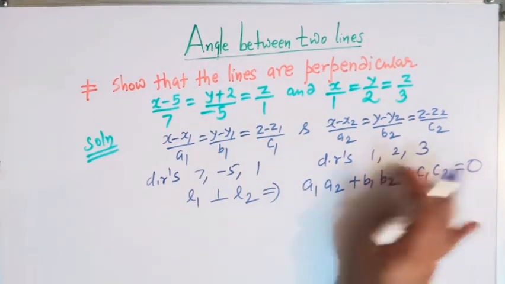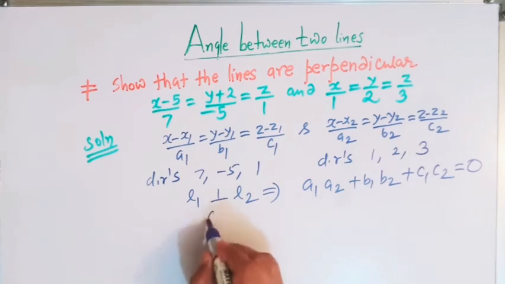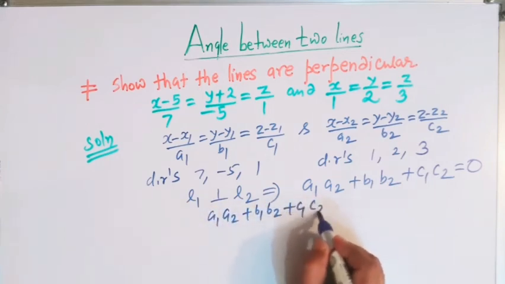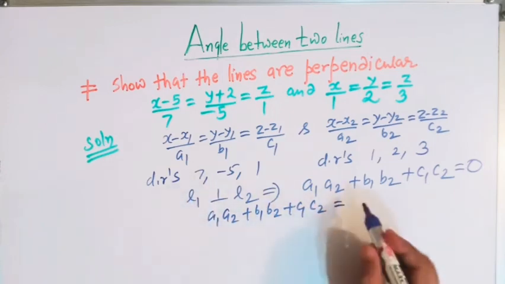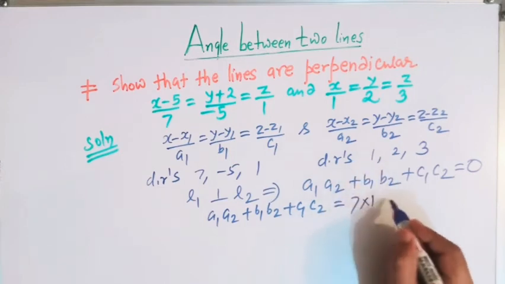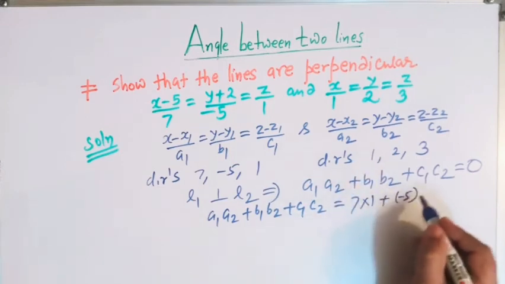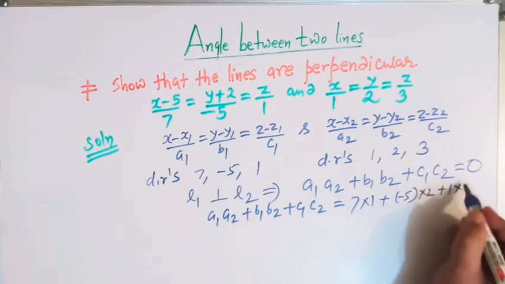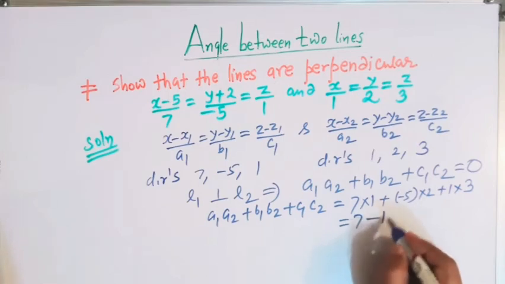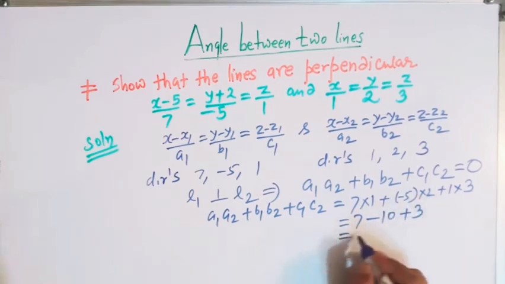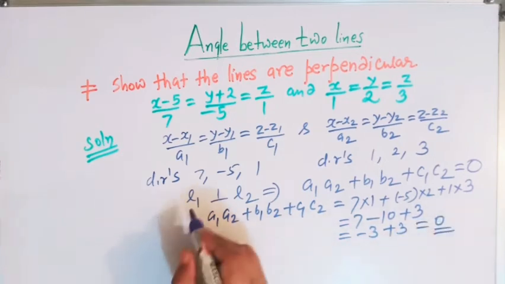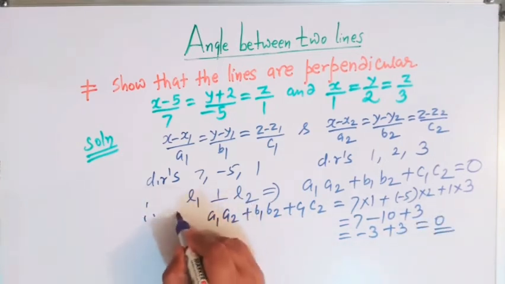So let us find this expression. a1 a2 plus b1 b2 plus c1 c2 is 7 into 1 plus minus 5 into 2 plus 1 into 3, right? Now we have 7 minus 10 plus 3, so this is minus 3 plus 3, that is 0. So therefore these two lines are perpendicular.